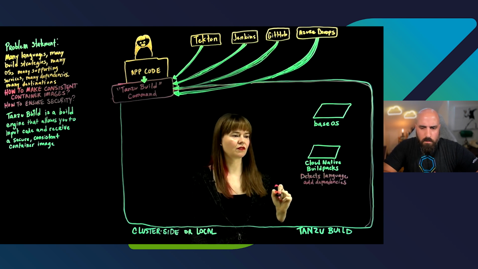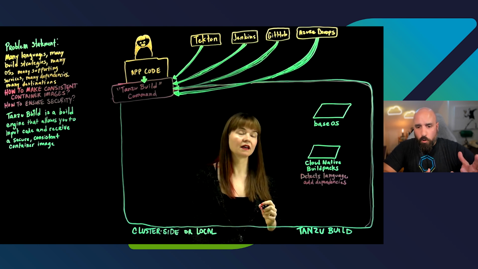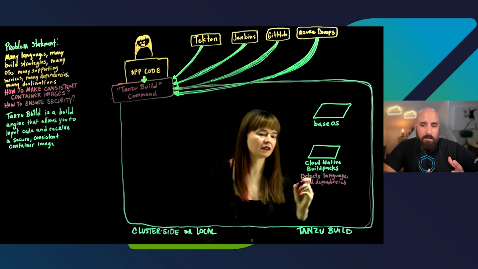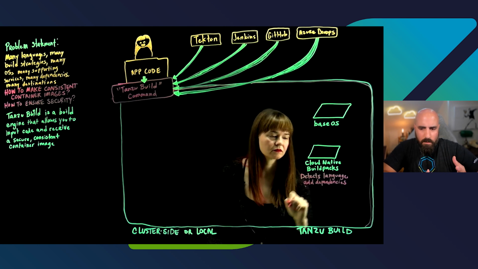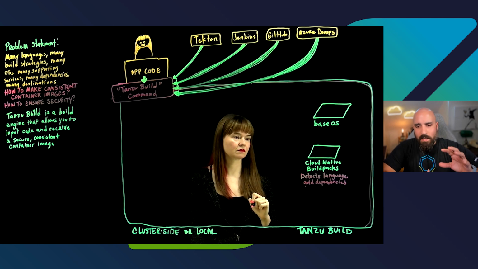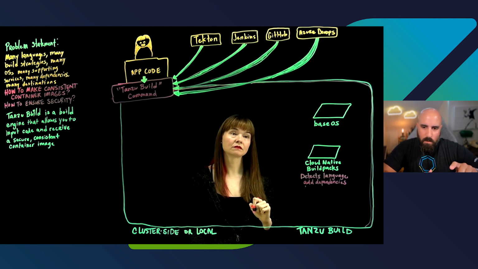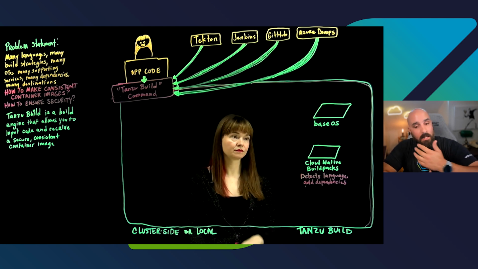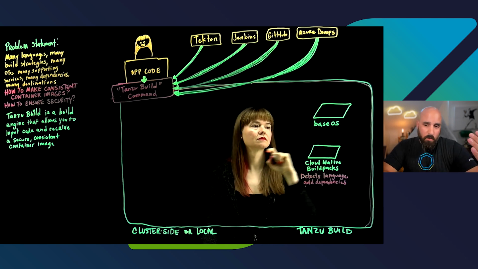So it's basically an opinionated way to build your code, and then I think more importantly there's an opinionated way to create all the layers underneath that code to run it, which is the base OS. Because you will find a lot of vulnerabilities, not just in the dependencies, but also in the layers that you attach to it.